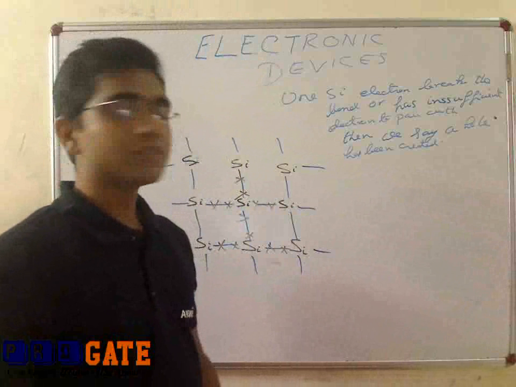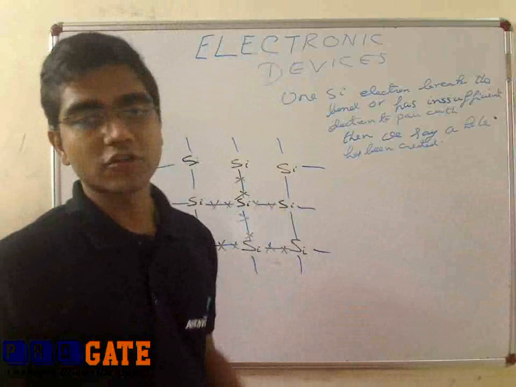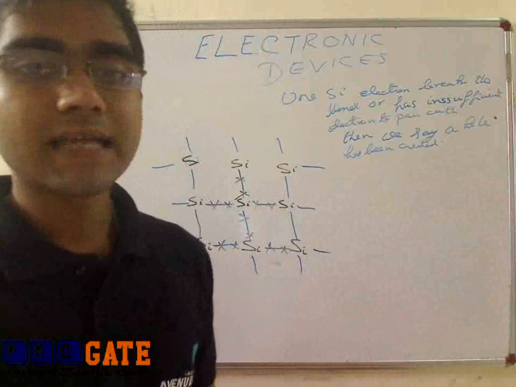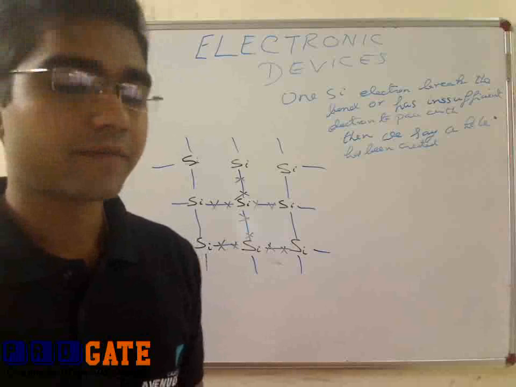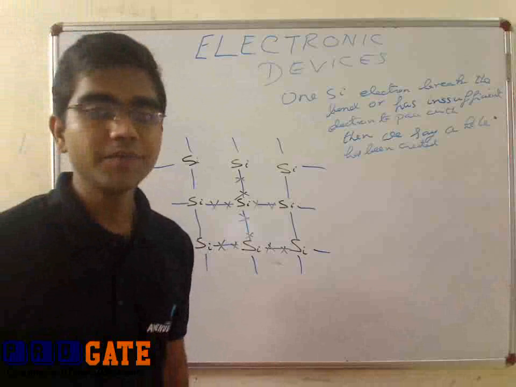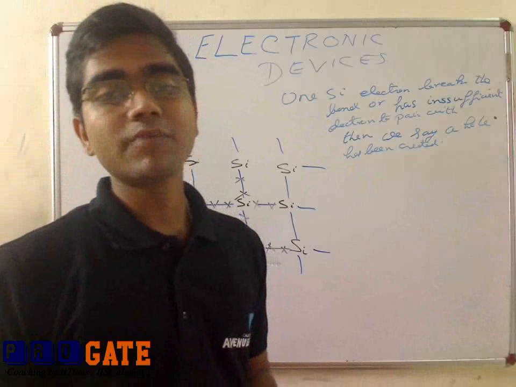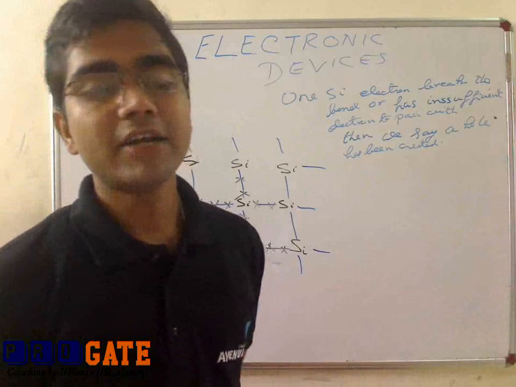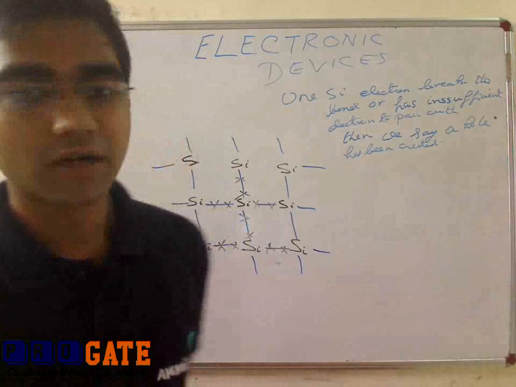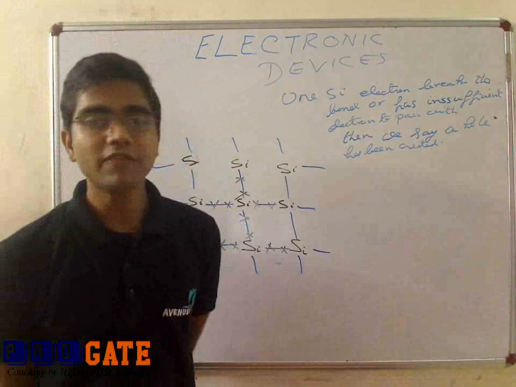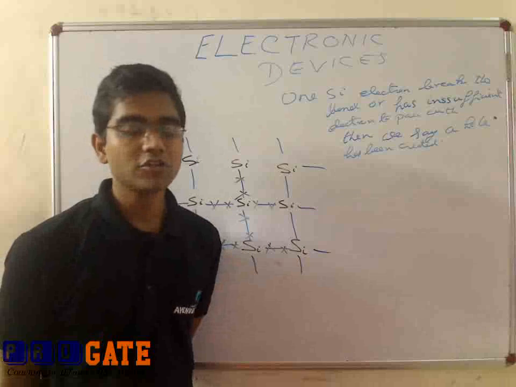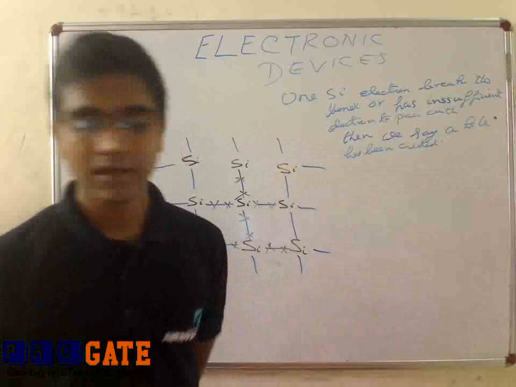Since we have holes and electrons, a hole is nothing but a deficiency of electrons, right? Which means a hole has a charge of plus 1.6 into 10 to the power of minus 19 coulombs. A hole can also move like an electron. A hole also has a particular mass of its own, and so on.